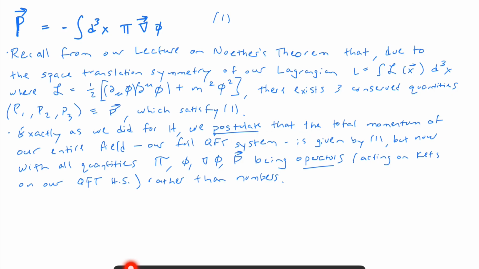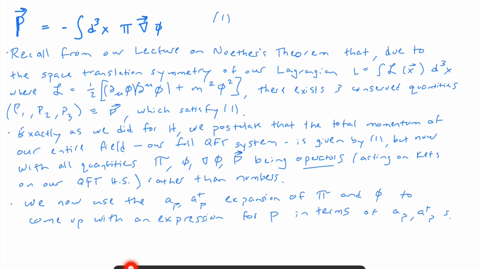So we postulate that the total momentum of our entire field, our full QFT system, is given by this. But now with these quantities, pi, phi, del phi, and P being operators acting on our QFT Hilbert space rather than numbers, like this is derived from classical field theory. Very simple natural extension, not hard to quantize this at all.